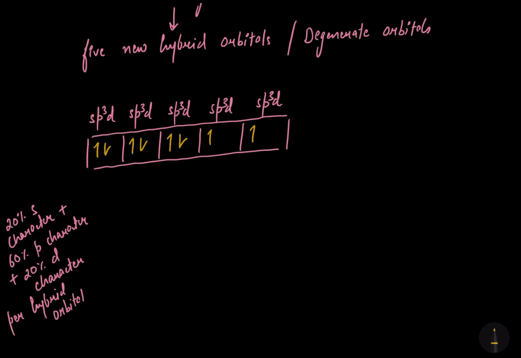So here we got 3 sp3d hybrid orbitals which are having 2 electrons, and 2 sp3d hybrid orbitals which are having 1 electron, and those 2 sp3d hybrid orbitals which are having 1 electron will form the 2 sigma bonds with the other iodines.